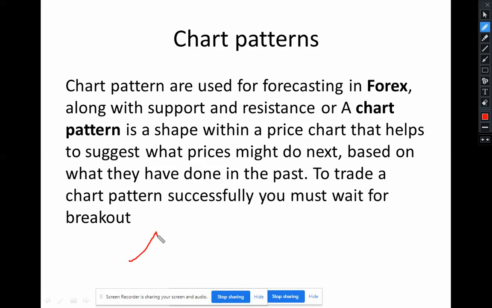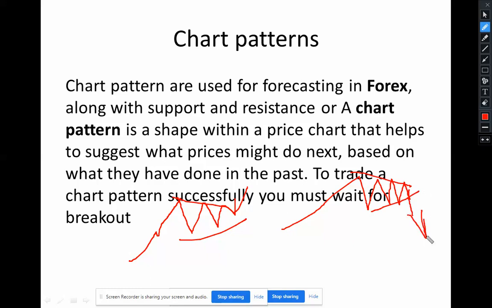For instance, if the market is moving up and a triangle pattern starts forming, this indicates that the market is likely to continue higher. With a reversal pattern, if the market breaks to the downside, this indicates that the market is likely to reverse to the downside.